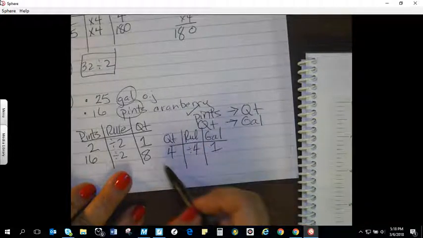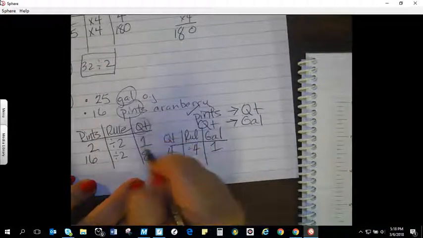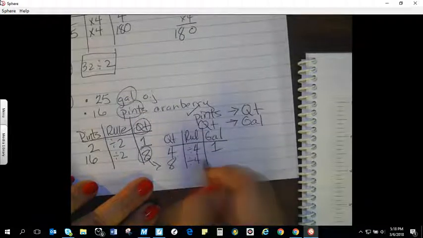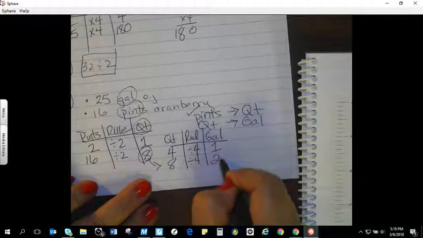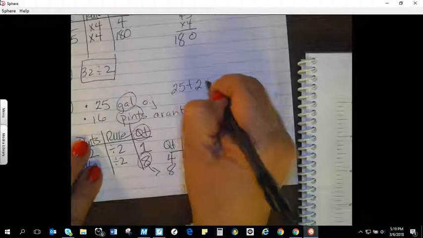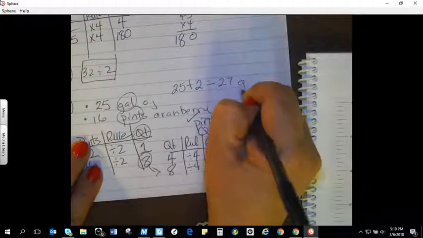For every 8 quarts divided by 4, that equals 2 gallons. All right? So 16 pints is equivalent to 2 gallons. And so I'm going to add my 25 plus my 2 gallons. That should be giving me 27 gallons.